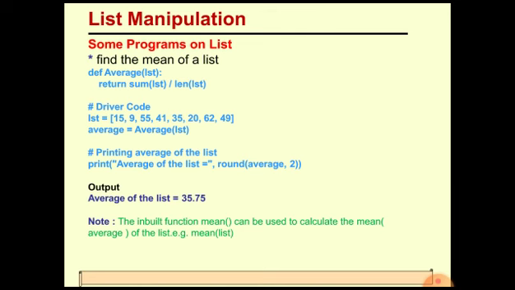There is a mean function which is a predefined function which can be used for calculating the average or mean of a list, and you can use it like we are using sort and other predefined functions, like the len function and sum function. In a similar manner, there is a mean function which can be used for finding out the mean of all the elements of a list. So you don't need to create a user defined function every time for finding the average of a list.